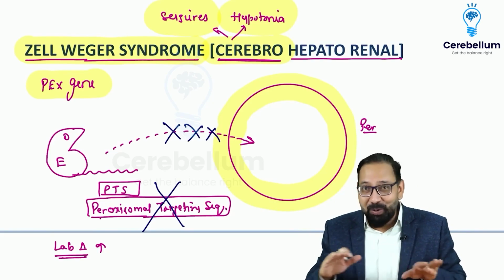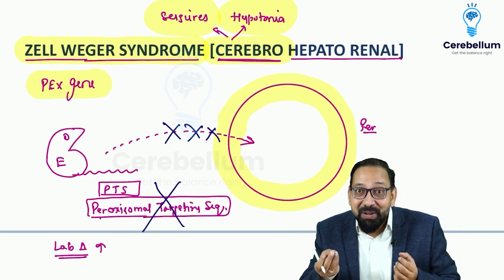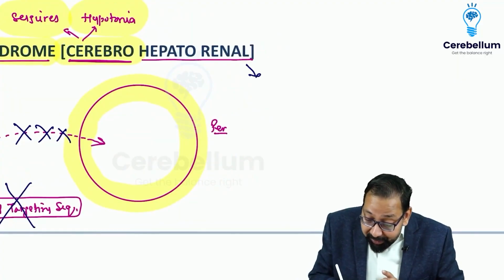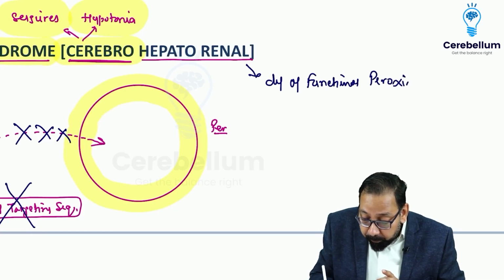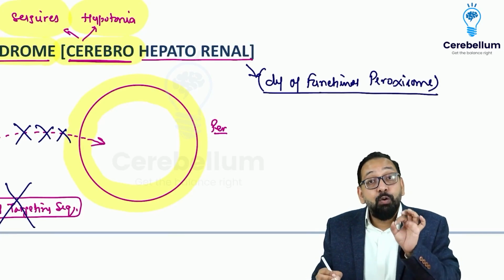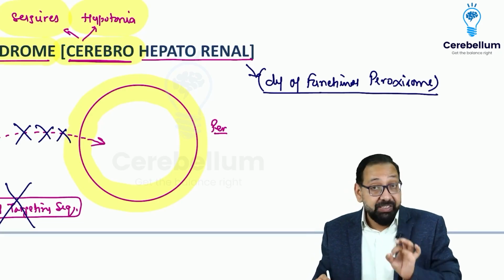So the peroxisome will not be able to function, because the peroxisome functions through its enzymes. Question is asked: there is functional deficiency of peroxisome, or functional peroxisome deficiency.